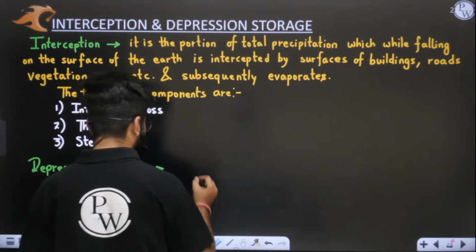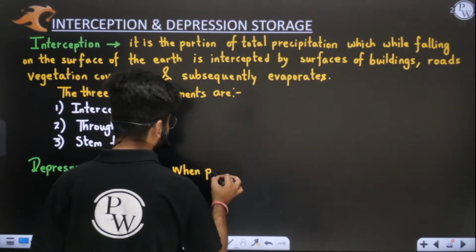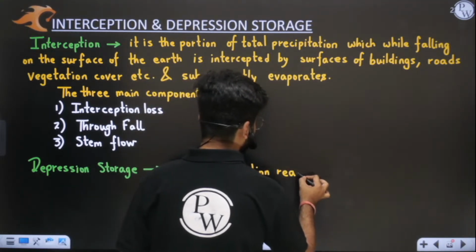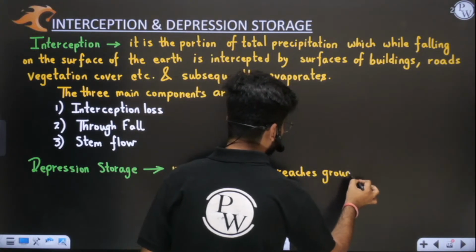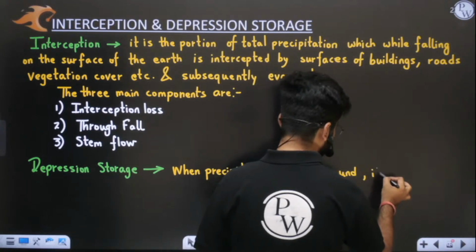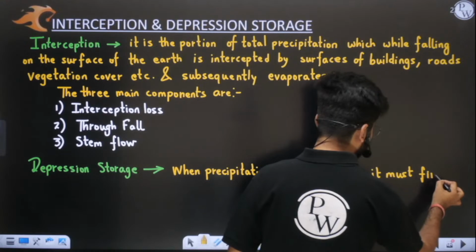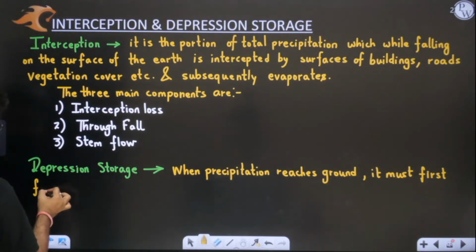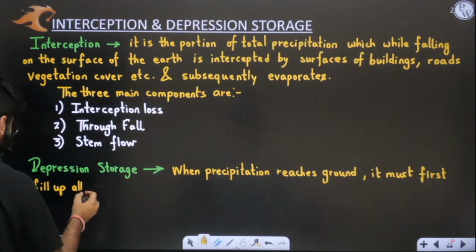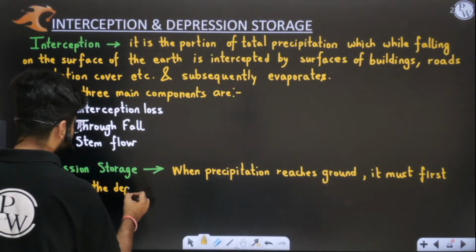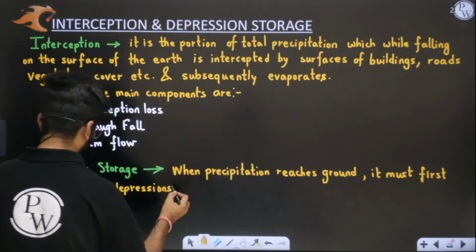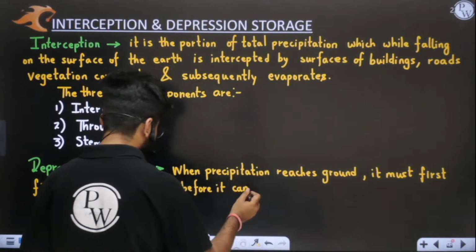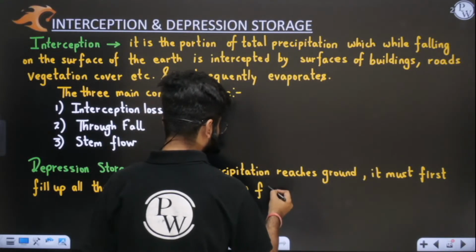Depression storage is when precipitation reaches the ground, it must first fill up all the depressions before it can flow over the ground.